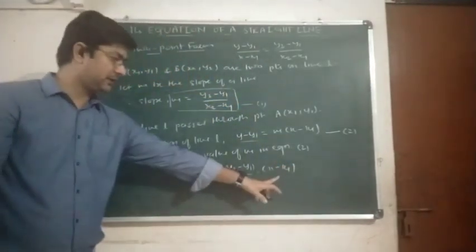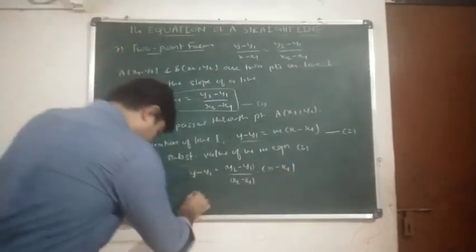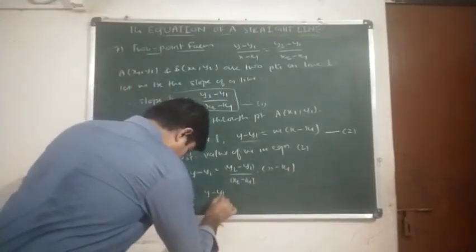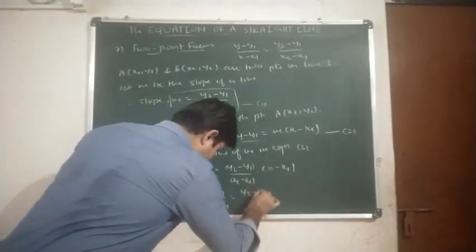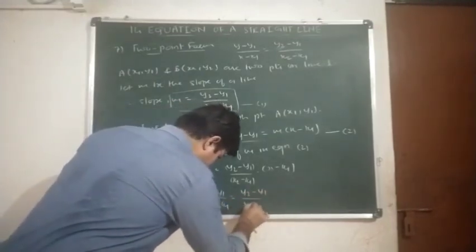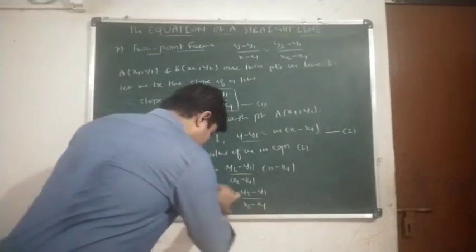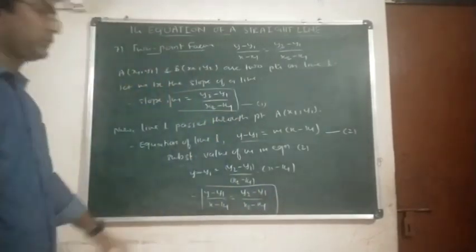Or taking x minus x1 in the denominator, the formula becomes y minus y1 upon x minus x1 is equal to y2 minus y1 upon x2 minus x1. So this is the derivation of the 2-point form.